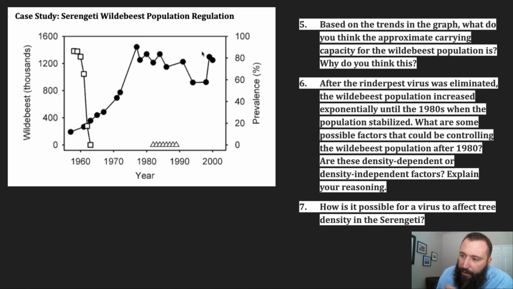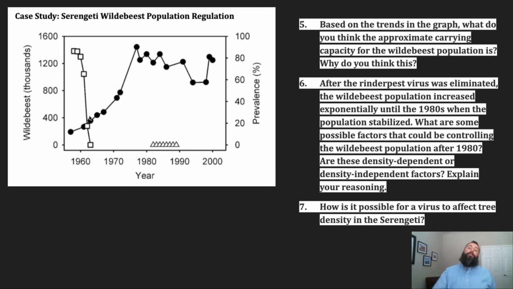How is it possible for a virus to affect tree density in the Serengeti? As you increase the wildebeest population, you're increasing the eating, the herbivory that's happening in the area, right? These guys are herbivores. They're eating the grass. Grass burns in a savanna normally, right?